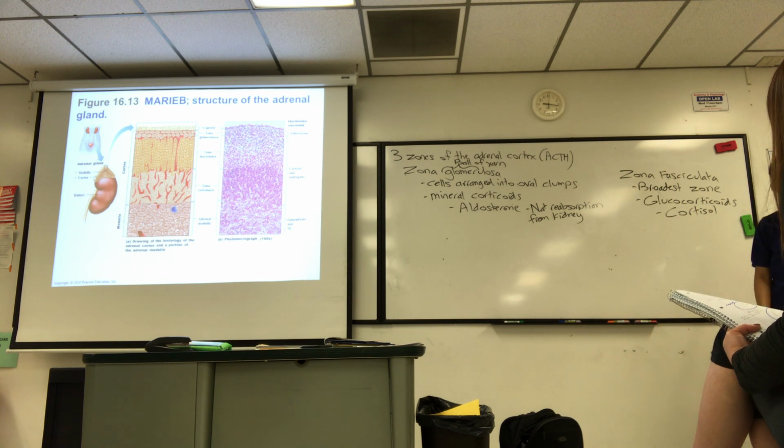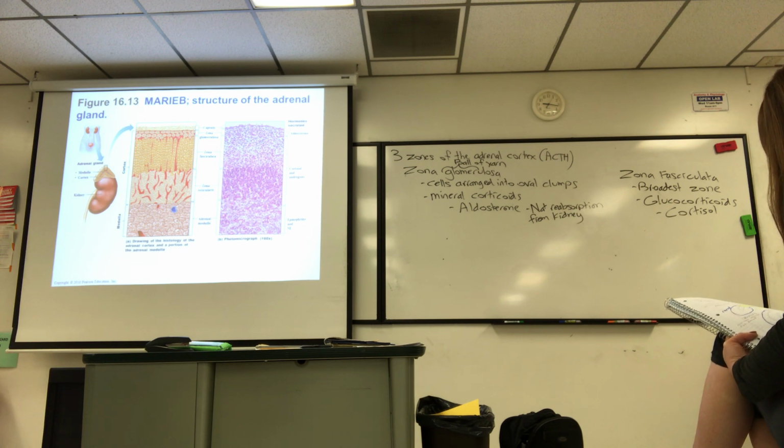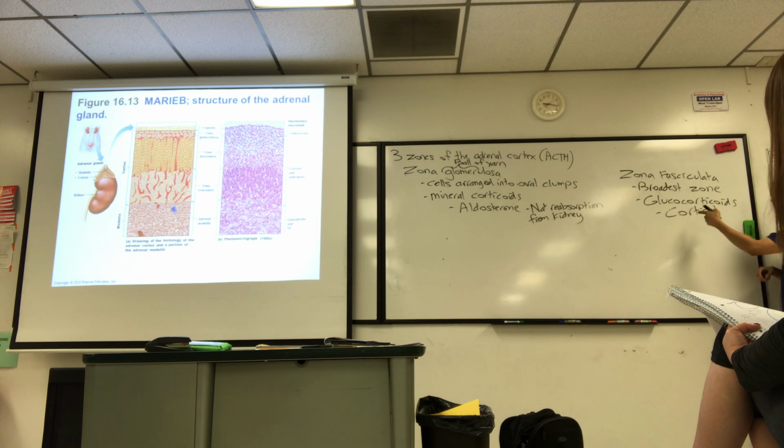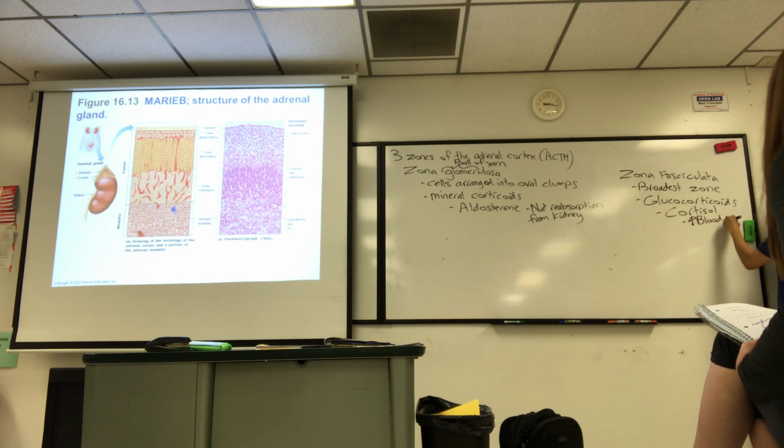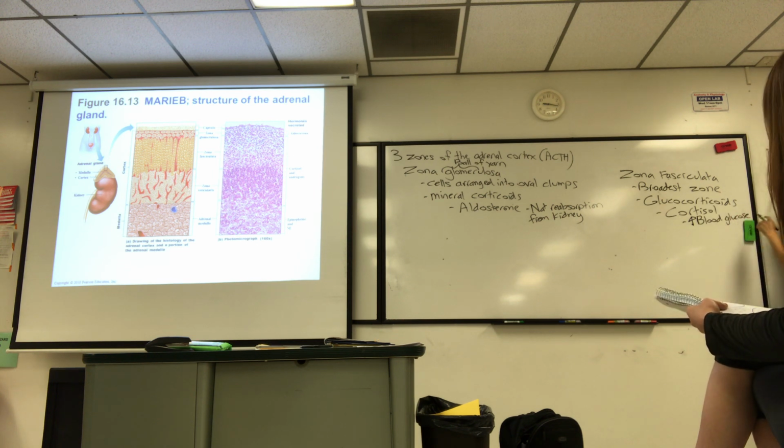Cortisol has a way to increase blood glucose levels, hence the term glucocorticoids. So retained salt, increased blood glucose, those are great stress responses.